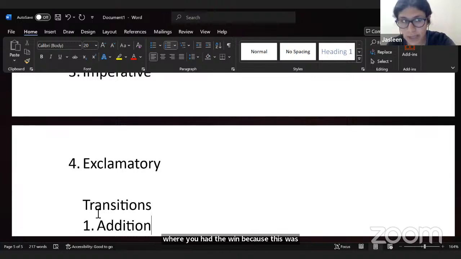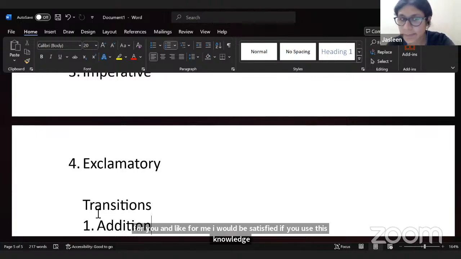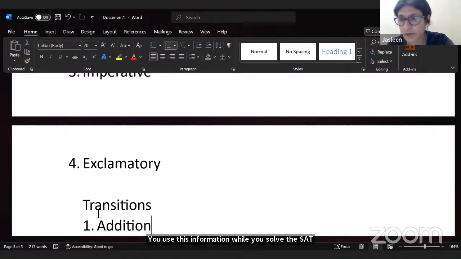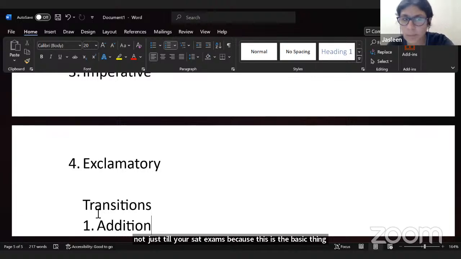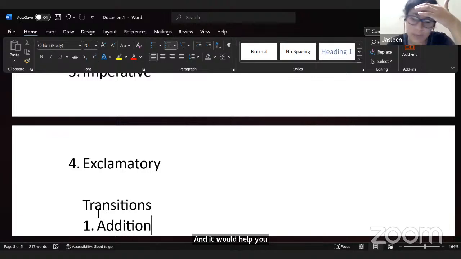And for me, I would be satisfied if you use this knowledge while you solve the SAT exam and you keep this with you forever, not just till your SAT exams, because this is the basic thing and it would help you. Definitely, grammar is something that is important. It is very much affiliated to the English language, so it would help you throughout your life.